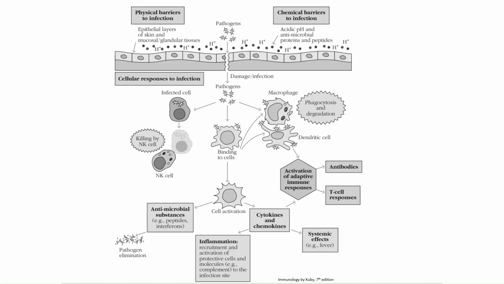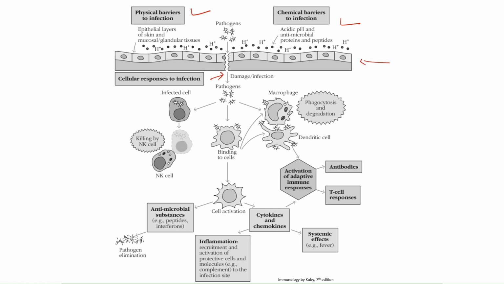Now this diagrammatic representation is showing the skin, which constitutes the physical barrier against infection. It produces acid. Our skin is slightly acidic, which forms the chemical barrier to infection. Apart from acid, some antimicrobial proteins and peptides are also present. Now, whenever there is damage in the skin or in the tissue, the pathogen will enter.